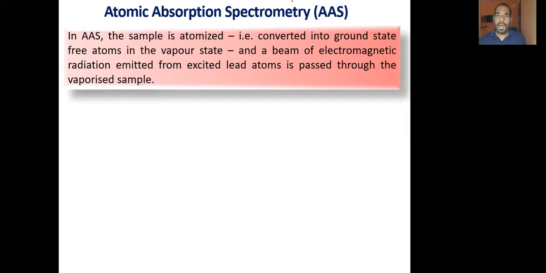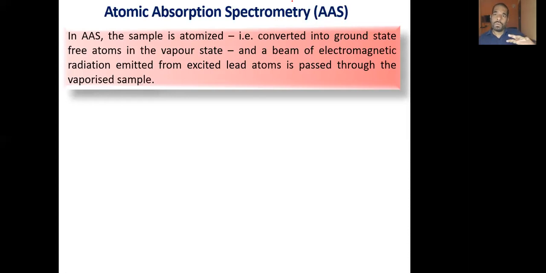Now in atomic absorption spectrometry, the sample is atomized. Atomized means it is broken down into small atoms. So the sample is converted into ground state, free atoms in the vapor state.